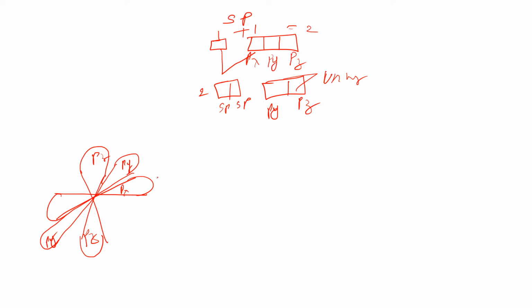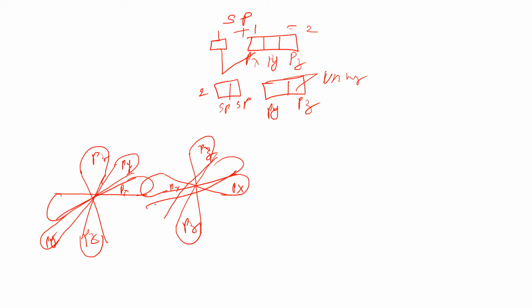So this is a structure that you can see generally. Here also the px, the py, the pz, and you can see another degenerate orbital, which is py.